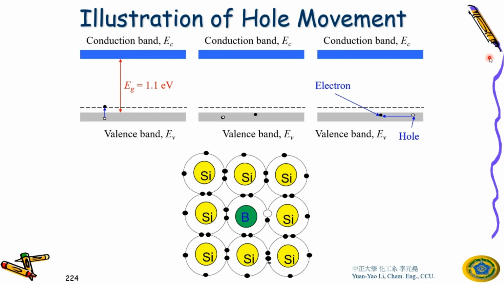If you have a hole here, an electron will move, right? You have more holes here, so electrons move from right to left. So this is how the conductivity takes place.